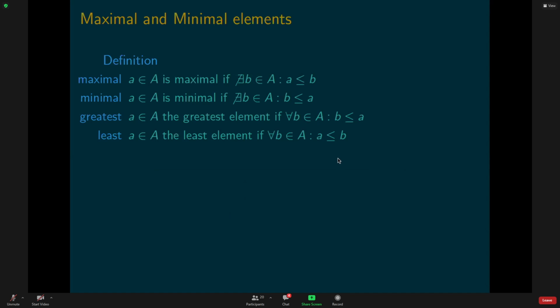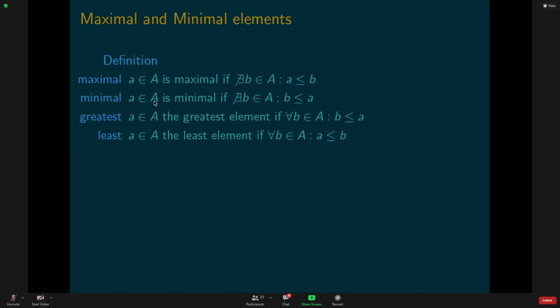Now, what is a maximal element? An element A in our set is maximal if we have a poset, right, and there does not exist another element that is greater than that. By the way, I use greater, but it could be any order relation.